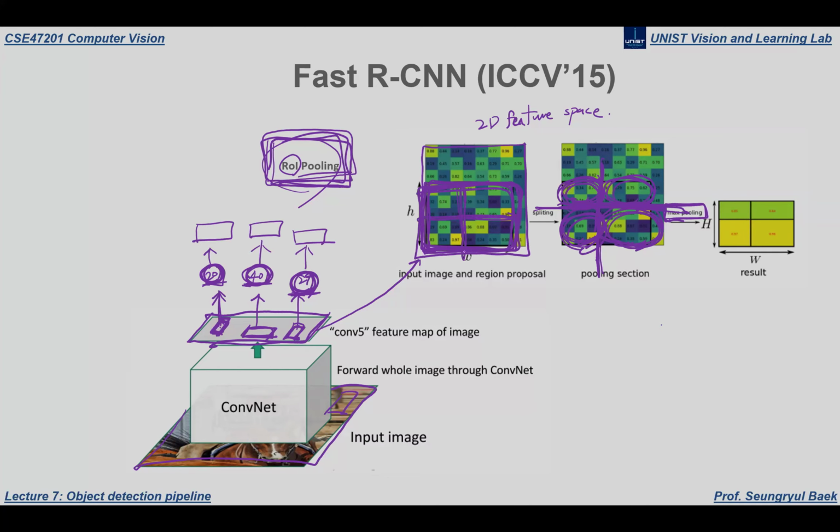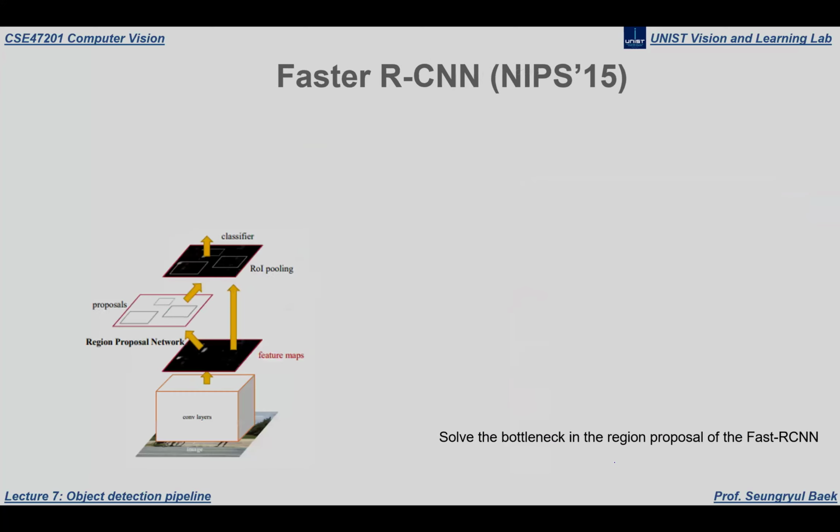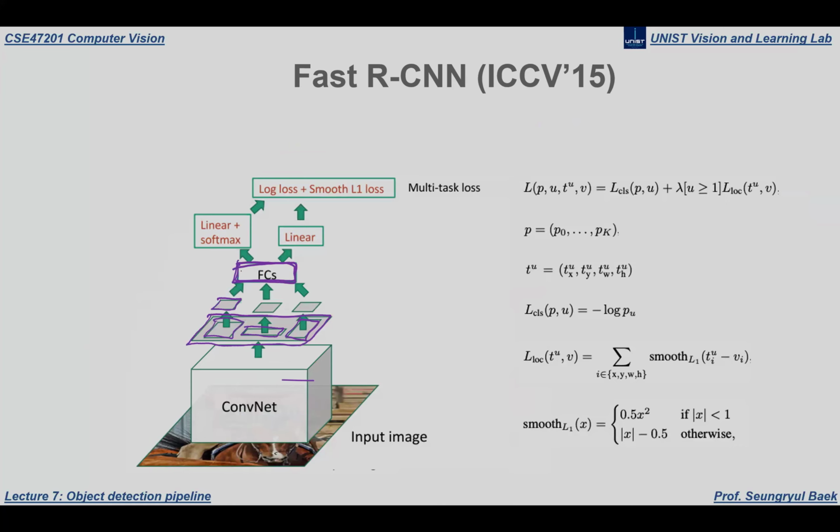Thanks to this ROI pooling, they can map it to a fixed dimensional vector. And then they apply a fully connected layer composed of an MLP that maps a fixed dimensional vector to a fixed dimensional vector, and then they output 2 things.